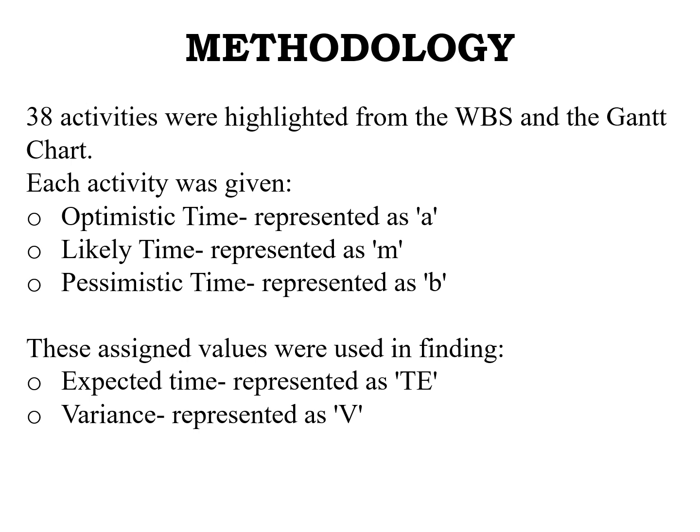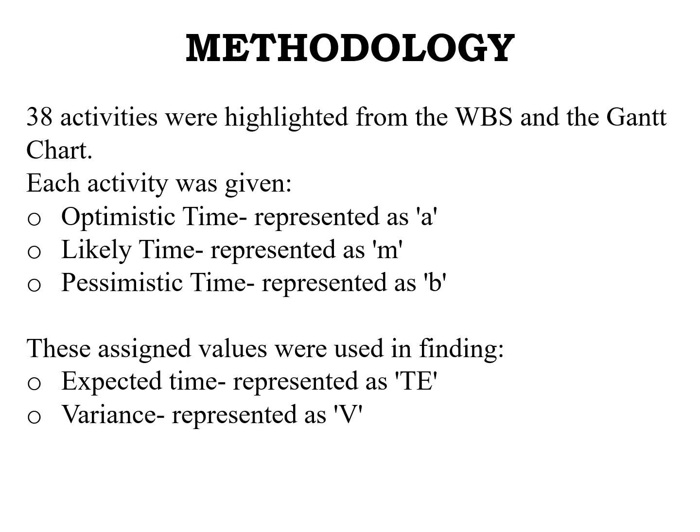Methodology: 38 activities were highlighted from the WBS and the Gantt charts. Each activity was given an optimistic time, likely time, and pessimistic time, and based off of these times, we're able to calculate the expected time and the variances.